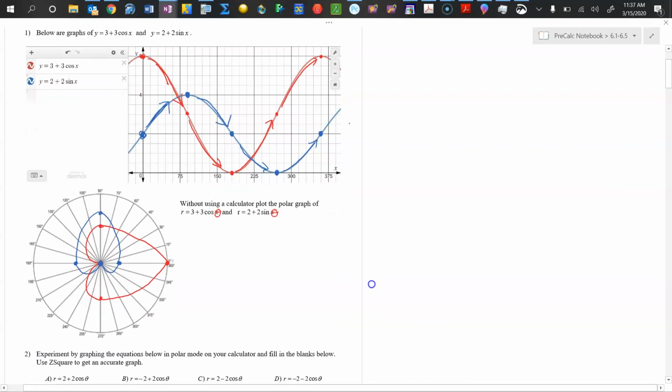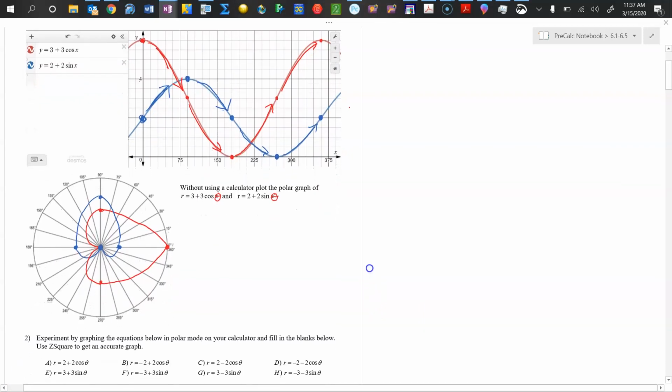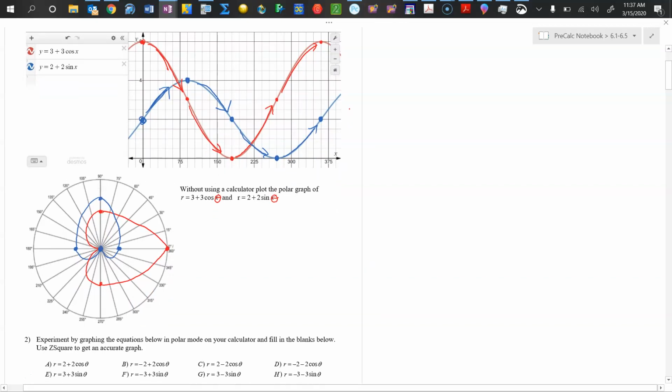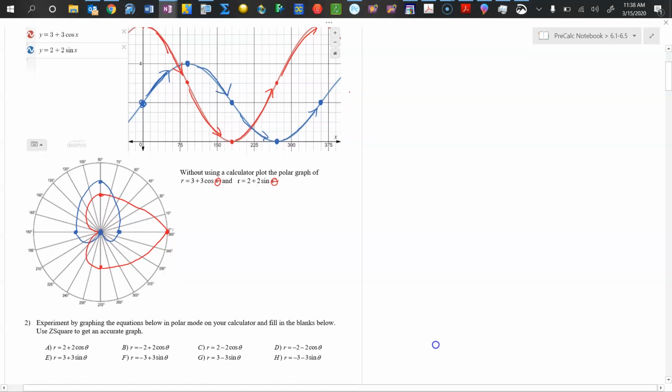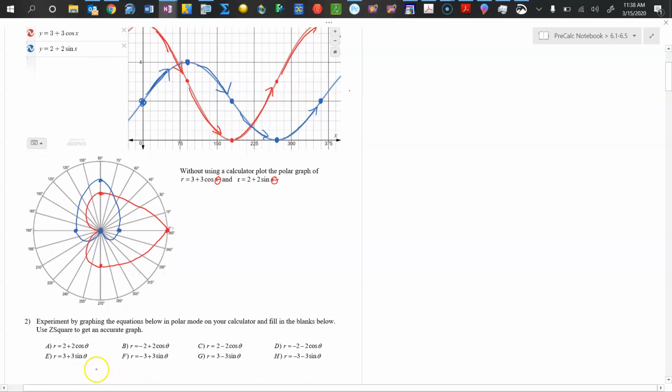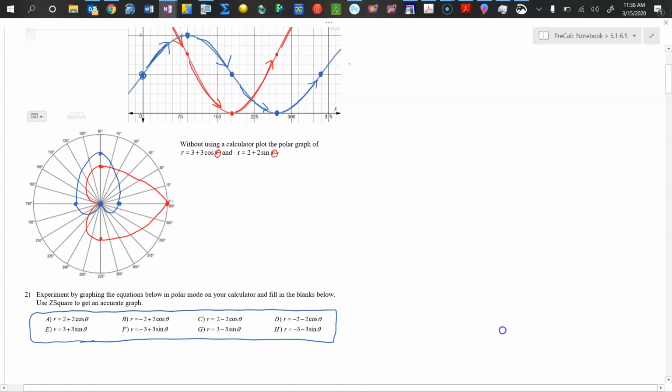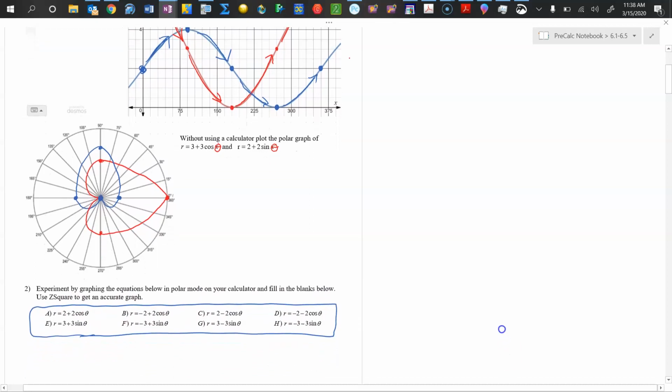So how do these coefficients, the constant coefficient and the coefficient in front of the sine and cosine function, affect those graphs? So what we would like you to do is experiment with your graphing calculator in polar mode, and graph these functions right here and see how they affect the graphs.